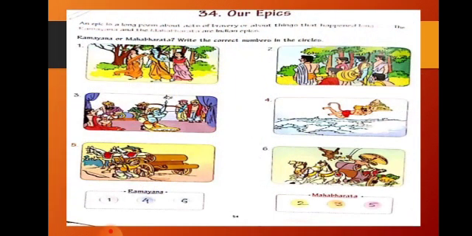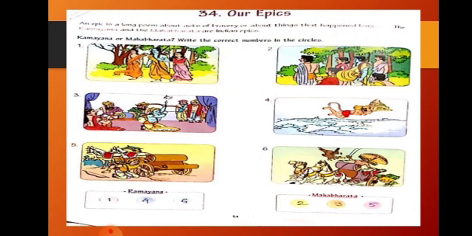Now see the next picture. Dear children, page number 54. Lesson 34, Our Epics. What is an epic? An epic is a long poem about acts of bravery or about things that happened long ago. It's related to Mahabharata, Ramayana and other Indian epics.